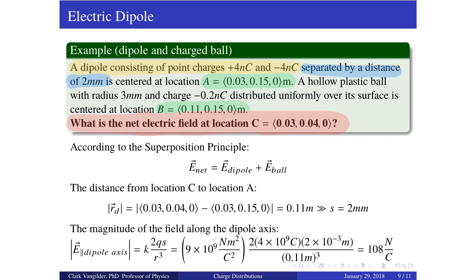Now, you probably don't think that's as simple as it is. But the superposition principle tells me that if I want the net of anything, it's just going to be the sum of all the things that are interacting in that system. And in this system, all we have is the electric field that's produced by the dipole, and the electric field that's produced by the ball. Period.